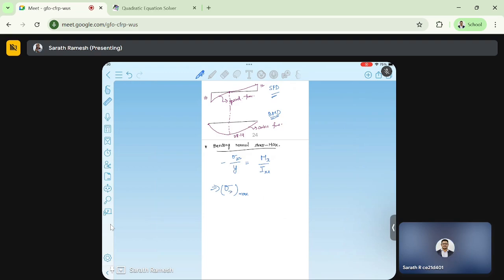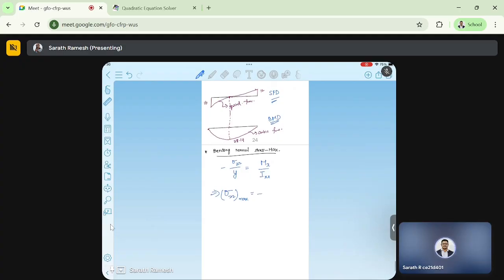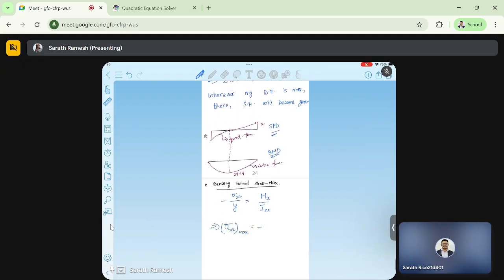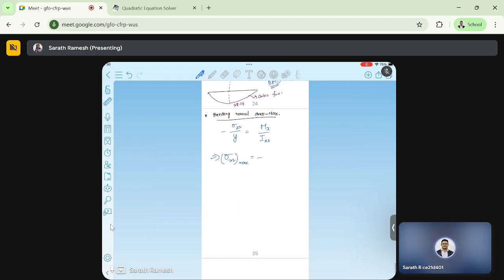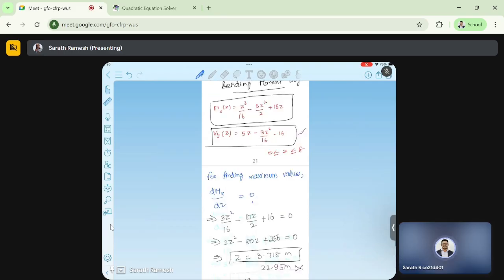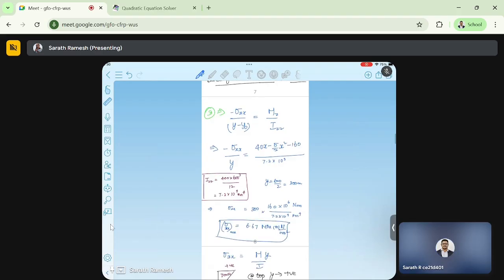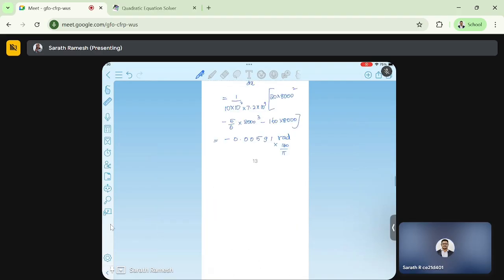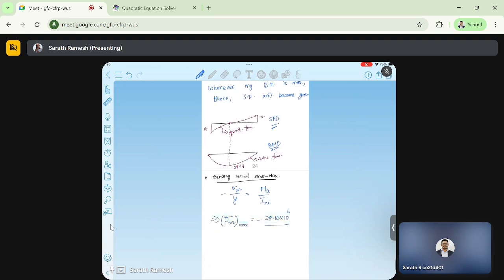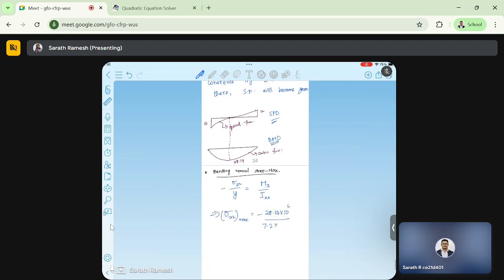Sigma zz max will be minus Mx max, which is 28.14 kilonewton meter, so into 10 power 6, divided by I, same as what we have from the previous question. What is the value of I? 7.2 into 10 power 9 mm to the 4, into y.